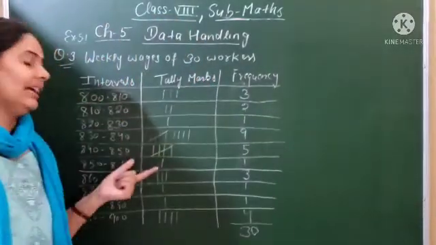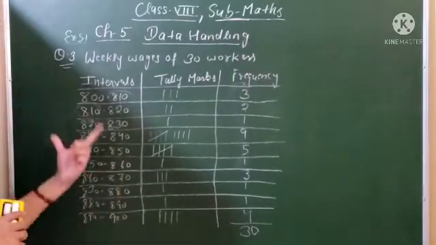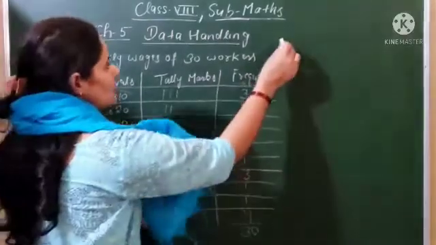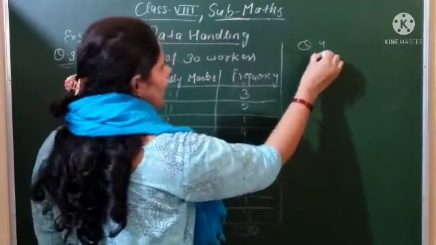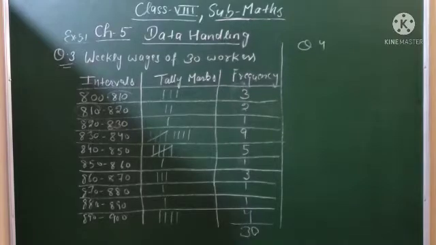If you are using intervals or grouped data, you have to use the histogram. In question number 3 you only draw the frequency distribution table, but in question number 4 you draw the histogram using that table. Is it clear?